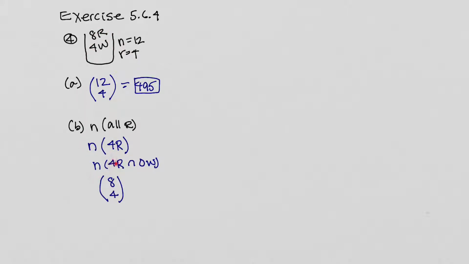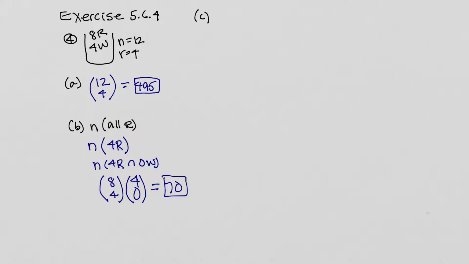We want 4 of them. This is an and, so that's a multiplication. And there's 4 whites, and we want 0. That just turns out to be a 1. So I get 8 choose 4 times 4 choose 0. And when I compute that, I got 70.